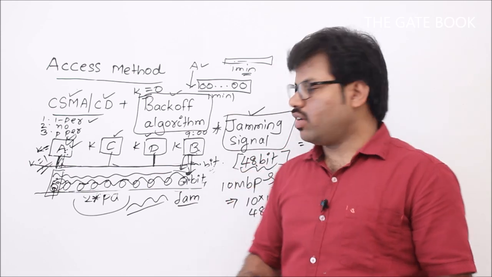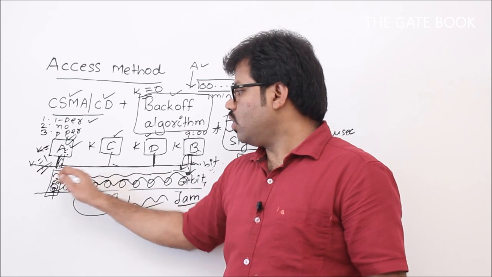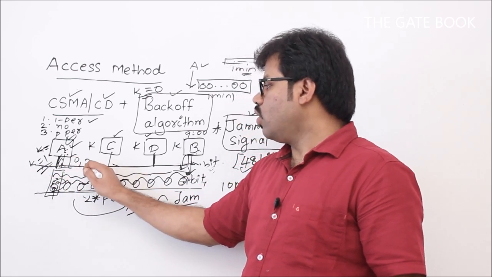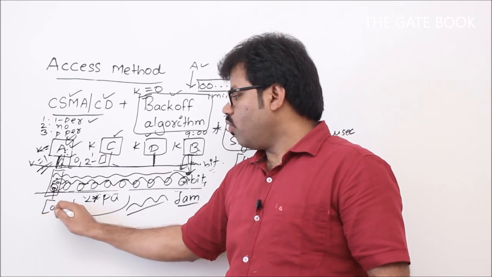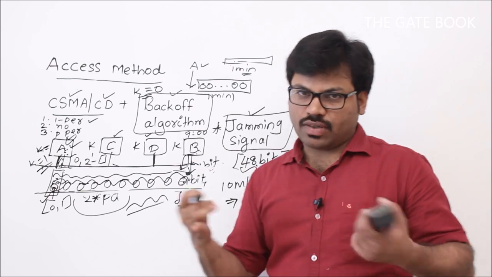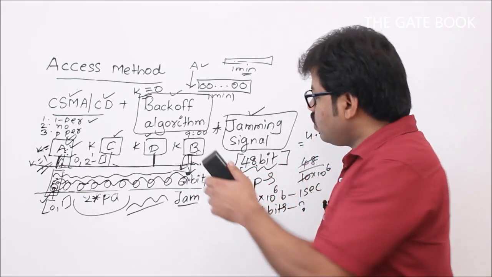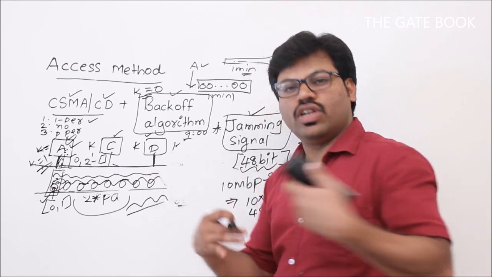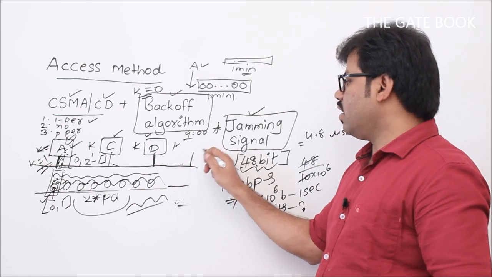According to the backoff algorithm, A is going to draw a random number between 0 and 2 power k minus 1, that is 2 power 1 minus 1. That means 0 to 1. One random number will be generated by A. Since B is also part of the collision, B is also going to generate one random number. Assume that B already had one collision, just for understanding the things clearly.